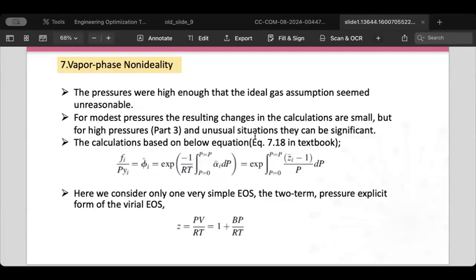Okay, so based on this idea, we can find phi_i hat by integrate this term, okay?